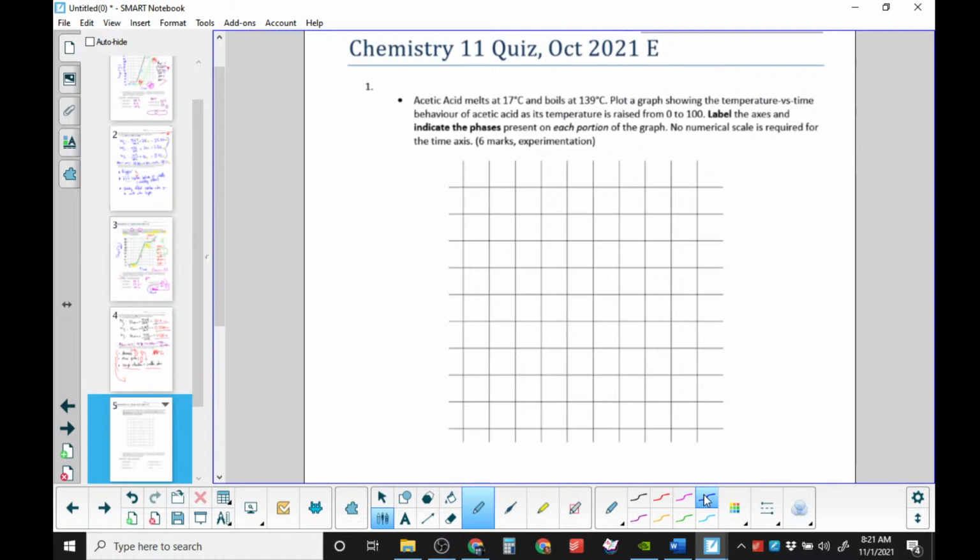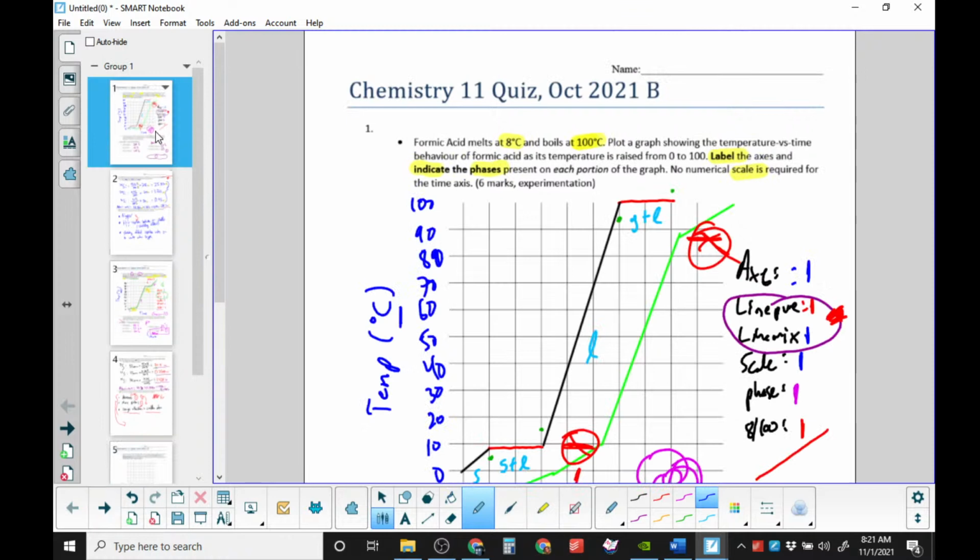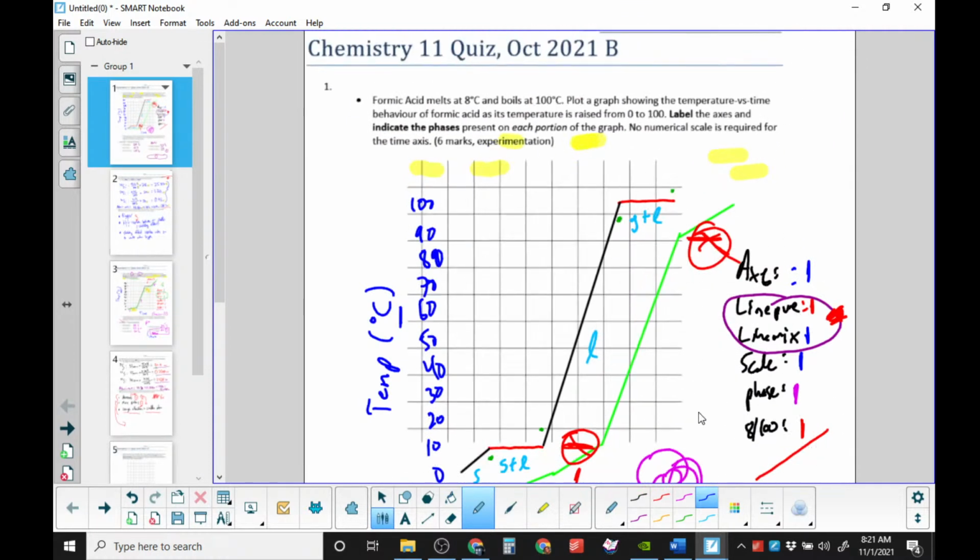For this particular one, a lot of you will have... Do I have an older one? I'm going to copy it from up here.